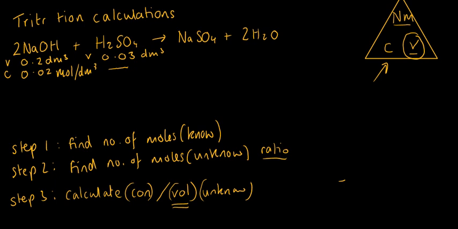Okay, so first steps first, see if you can pause the video and find the moles of the known substance, which in this case is the alkaline. So if you pause the video using this equation here, number of moles, see if we can do that.